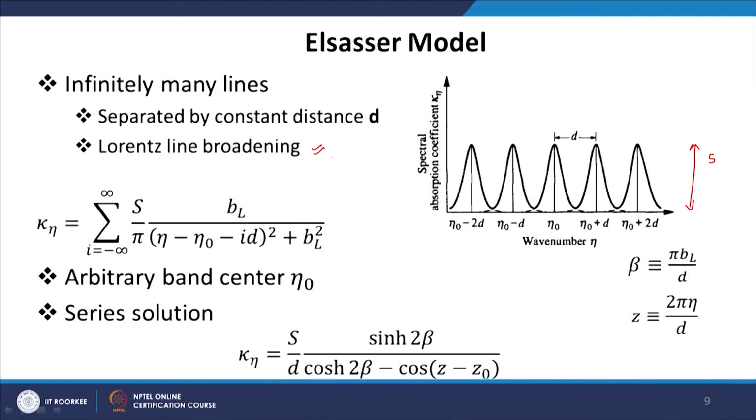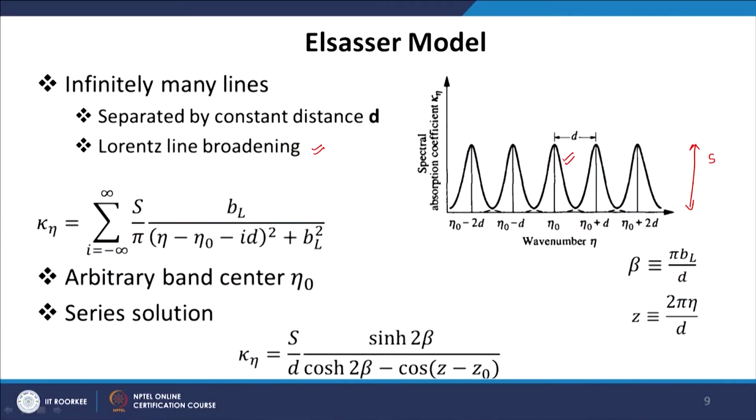The Lorentz profile we discussed in the previous lecture on line radiation is given by this relation, where b_L is the Lorentz width: b_L over eta minus eta naught minus i d, squared, plus b_L squared. Here i represents the line number. If i is equal to 0, we get the center line. If i is 1, we get the line on the left. If i is minus 1, we get the line on the right.